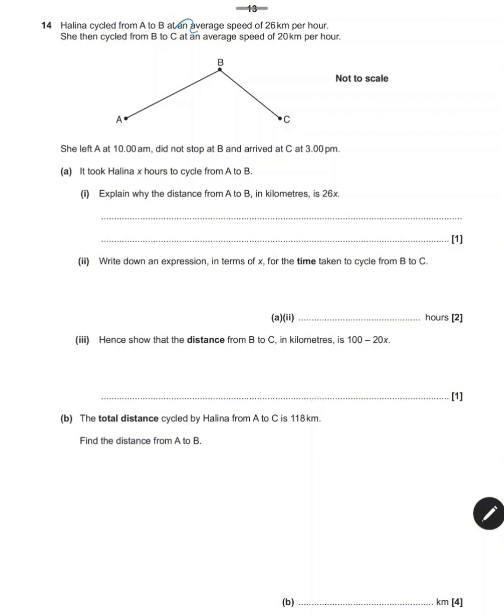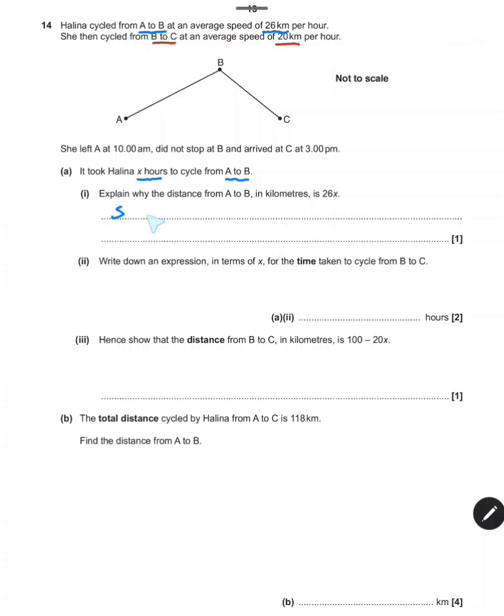Question 14, we've got someone cycling from A to B at a speed of 26 kilometres per hour. They then go from B to C at a different speed of 20 kilometres per hour. We've got some information about the time she set off and finished, and she doesn't stop at B. And then we've got a time here that it says X hours to go from A to B. So X hours from A to B. Why is the distance from A to B 26x?